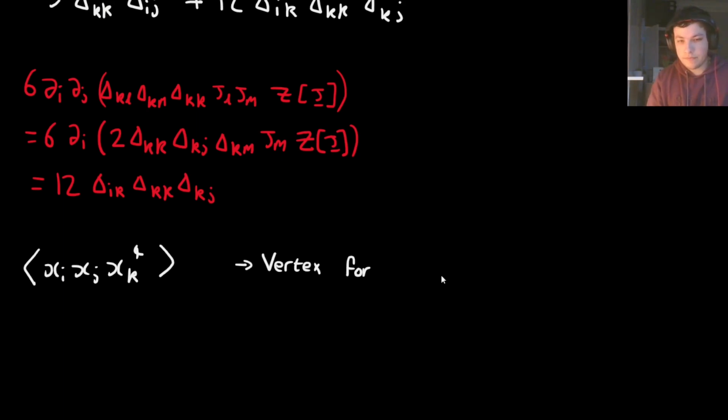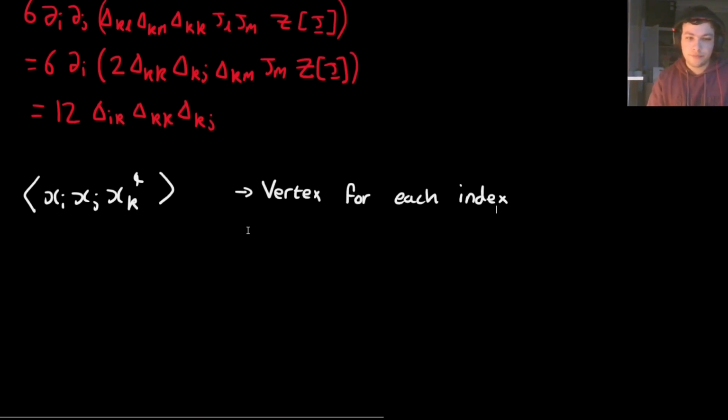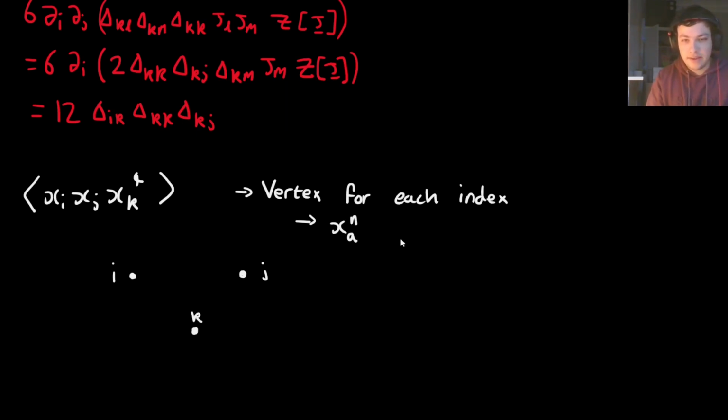for each index. Okay, so we've got an index i, index j, and a k, which I'm going to put here. X a to the n has a, what's the word for it?